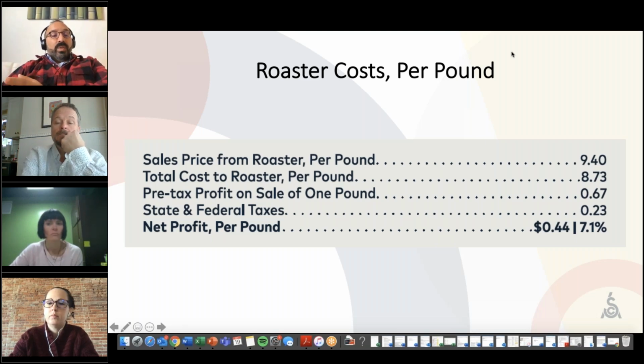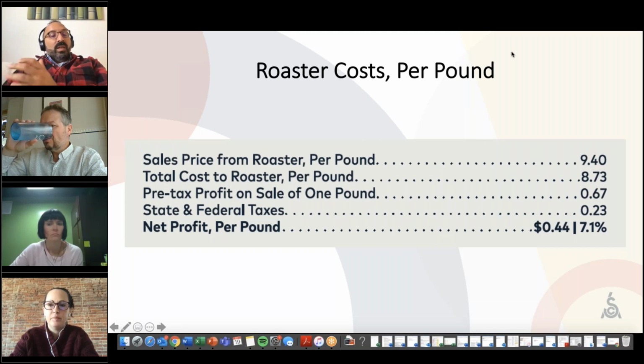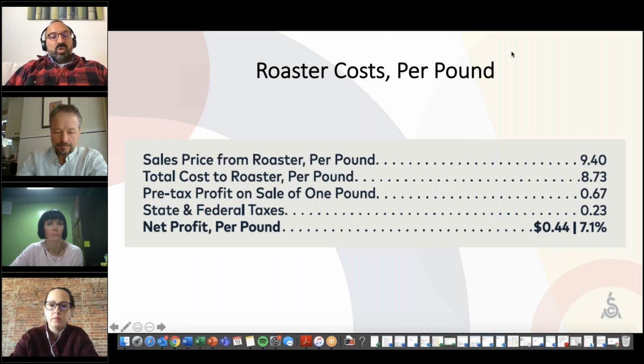And also, I would say, from the consumer community, the person that's buying a cup of coffee at a coffee shop, or in the barista or retailer community, about what this looks like. So I think this is a fair picture of how a normal, reasonable coffee roasting company might operate in a specialty context, and what their net profit might be.